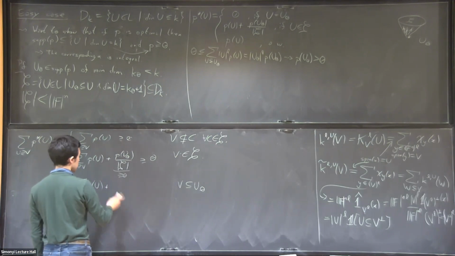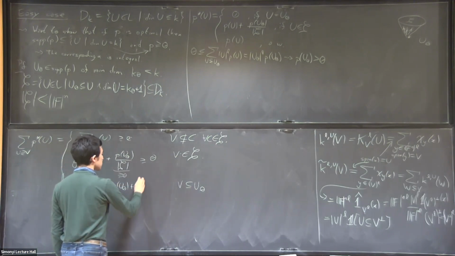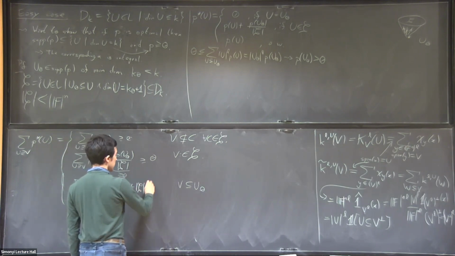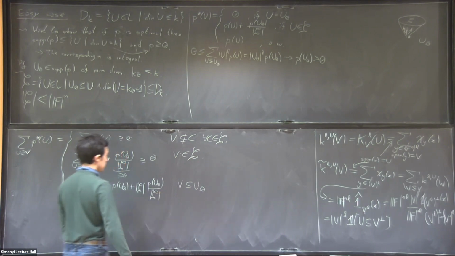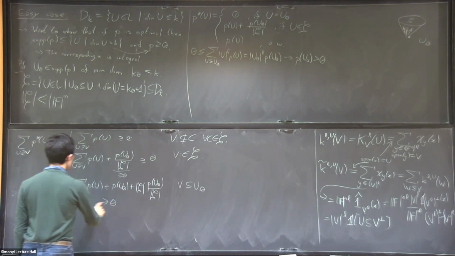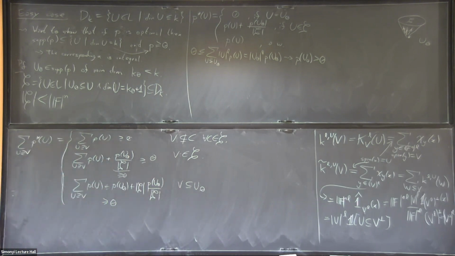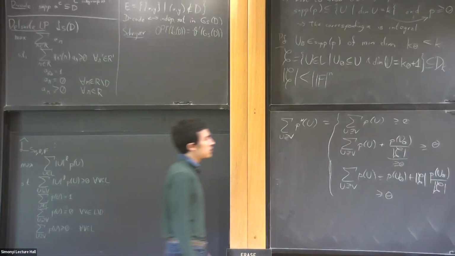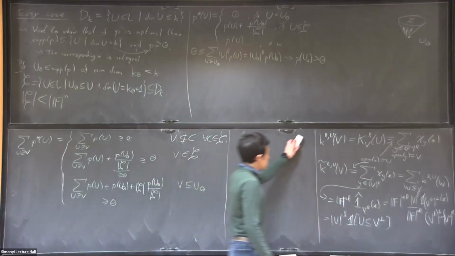You get minus PU0 because you lost the mass on U0, but you see all of C, and each of them gained PU0 over the size of C. So then it's fine, and this is greater or equal than 0. Moreover, if you take V to be the 0 space, it didn't change, so even the equality to 1 is still preserved, right? So this handles all these three guys. You have to check that sheet, but okay. So let's just check the other one.